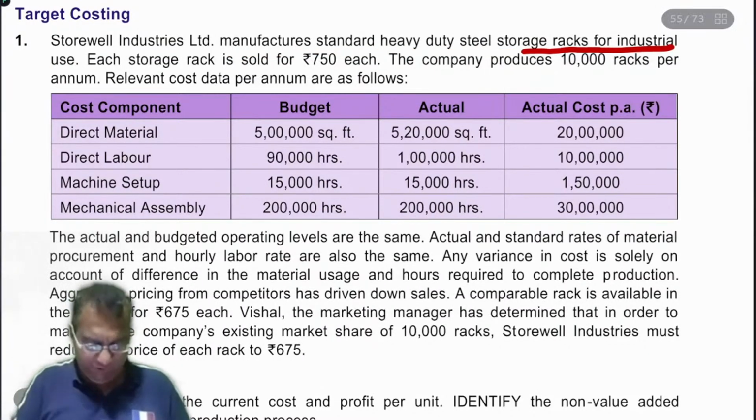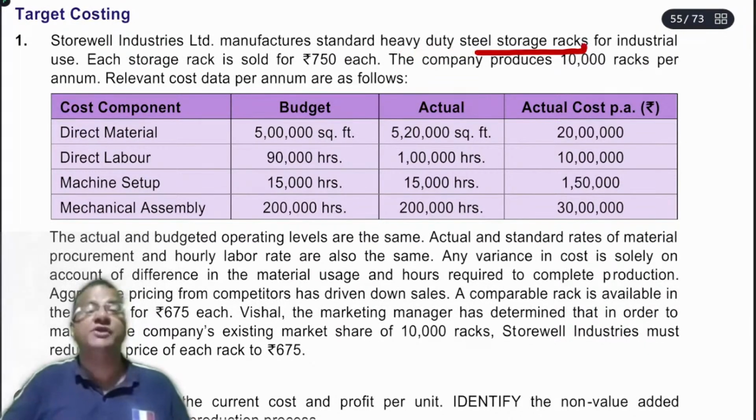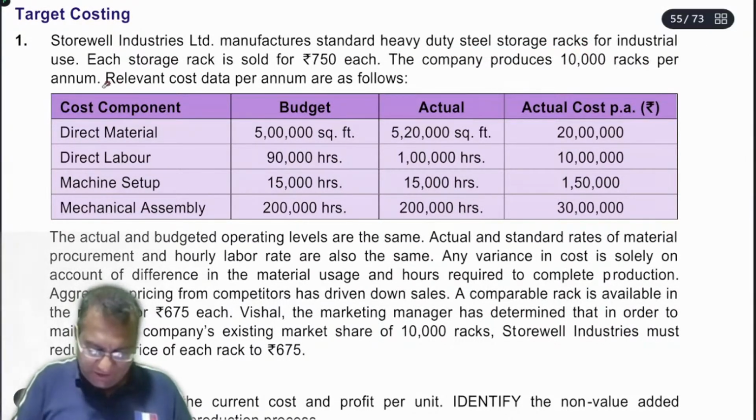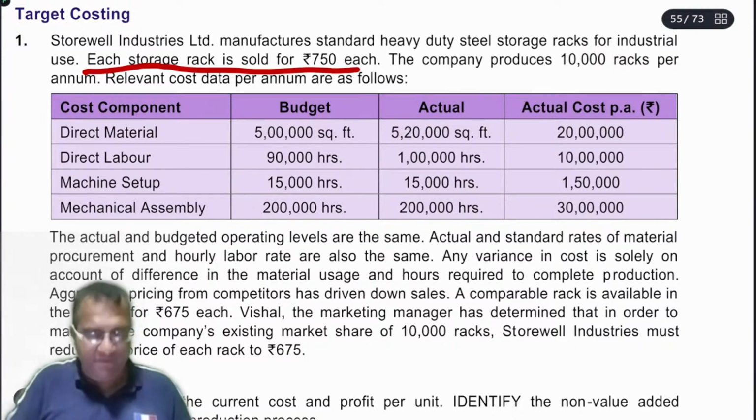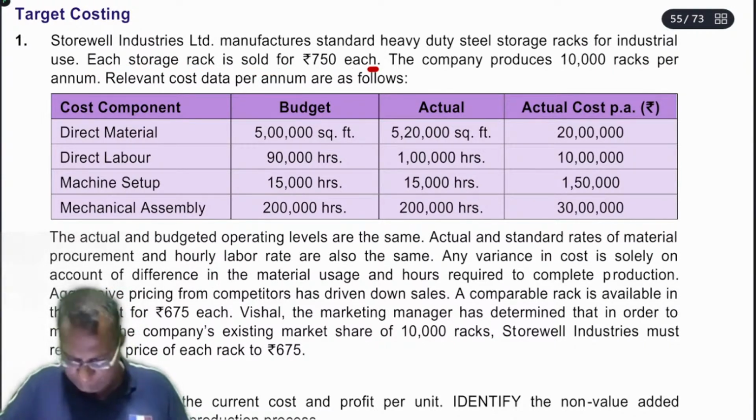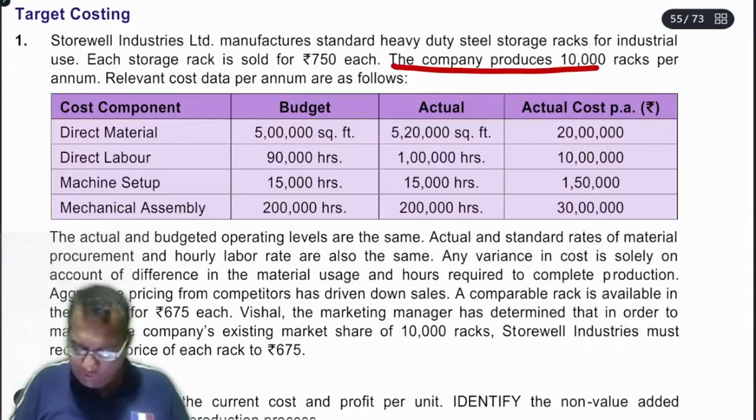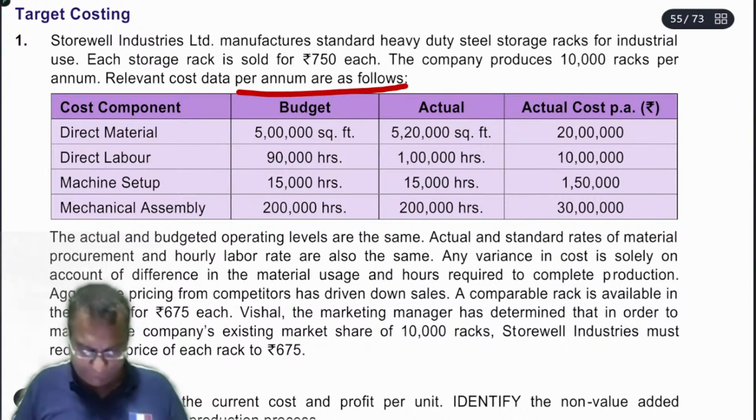So the company name is Storewell Industries Limited. They are manufacturing storage racks for industrial purposes. Each storage rack is sold for rupees 70 each. This is the selling price. The company produces 10,000 racks per annum. Relevant cost data per annum are as follows.